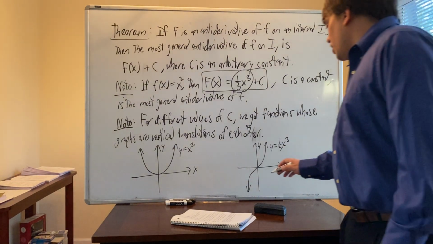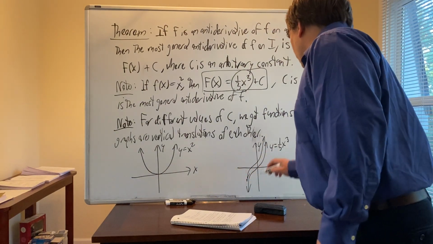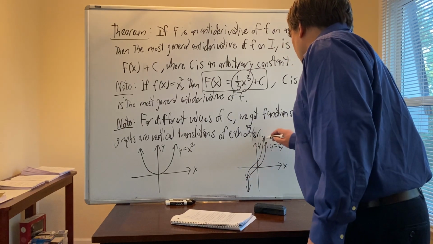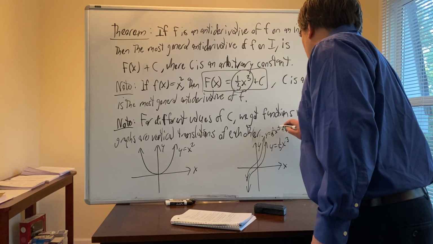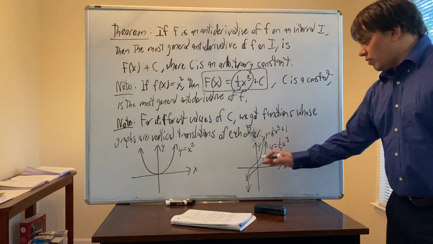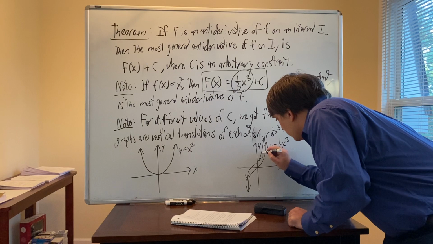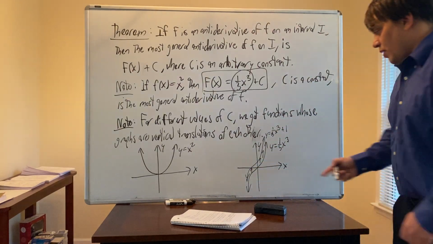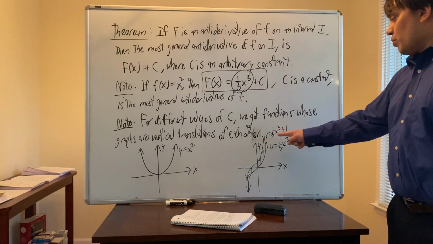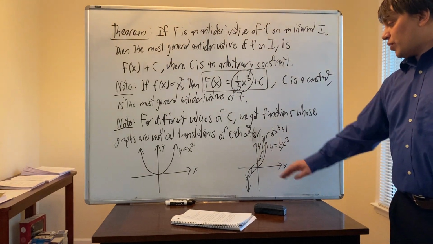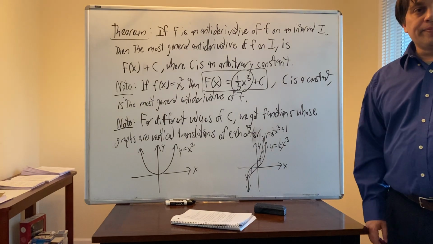And so if I added +1, it would just be moving this graph up by 1 unit. And then this graph would be y equals 1/3 x cubed plus 1. So I'm just moving this graph up by 1 unit. And so y equals 1/3 x cubed plus 1 is just a vertical translation of 1 to y equals 1/3 x cubed.